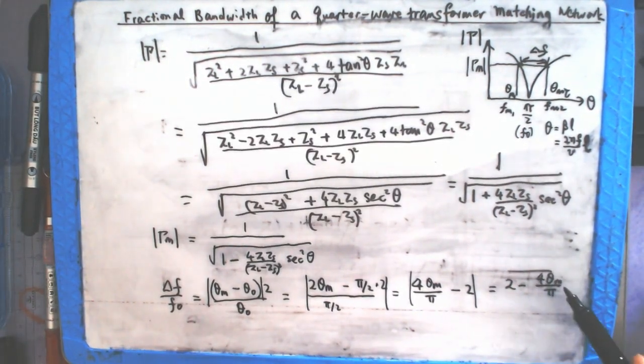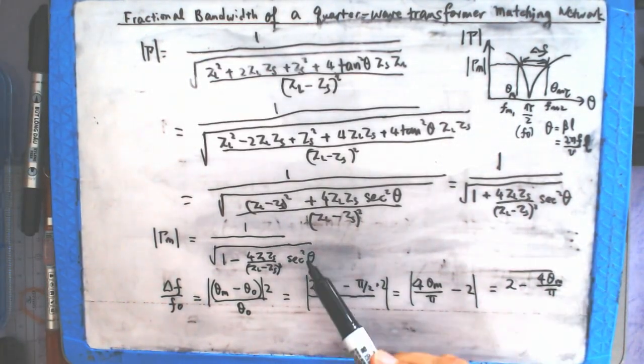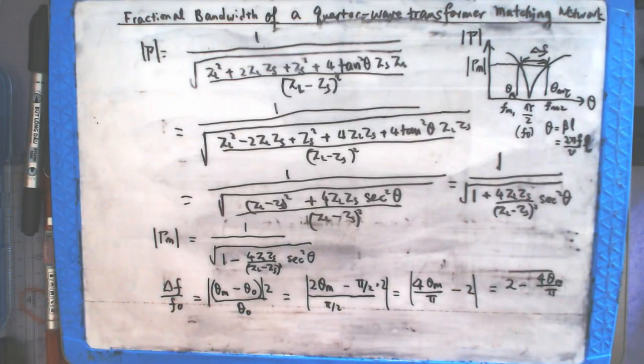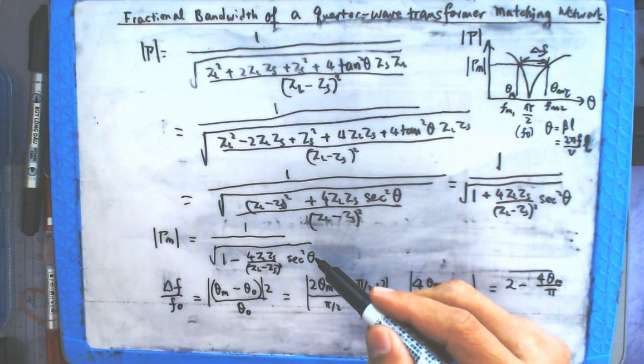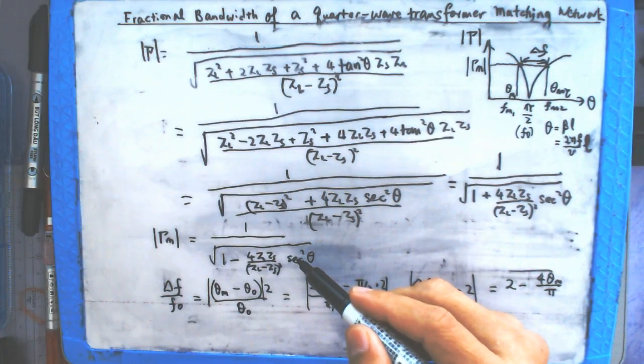Well, what is the value of beta m? Beta m can be obtained from this formula. So let's do some rearrangement for this equation.